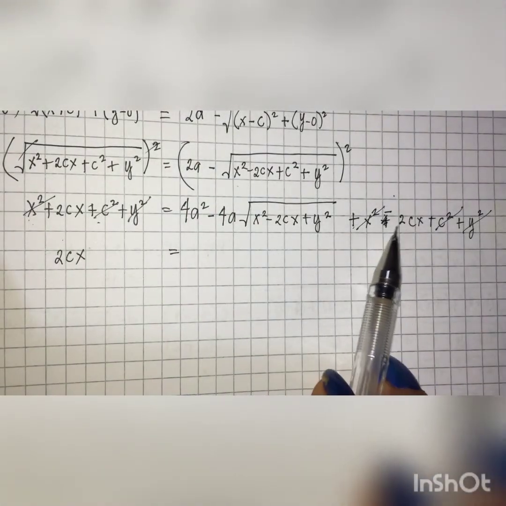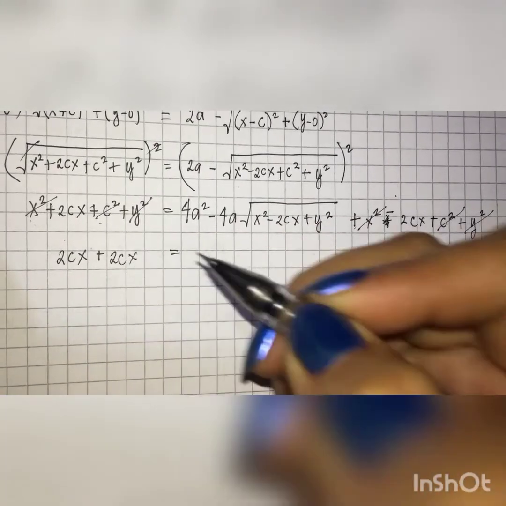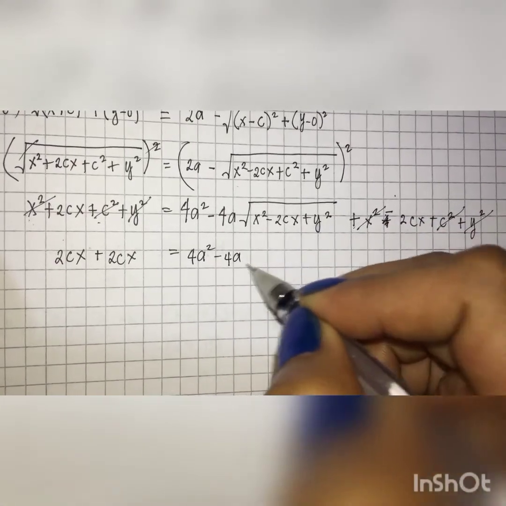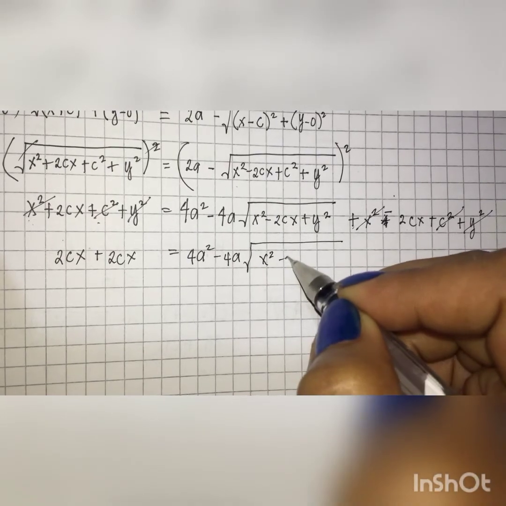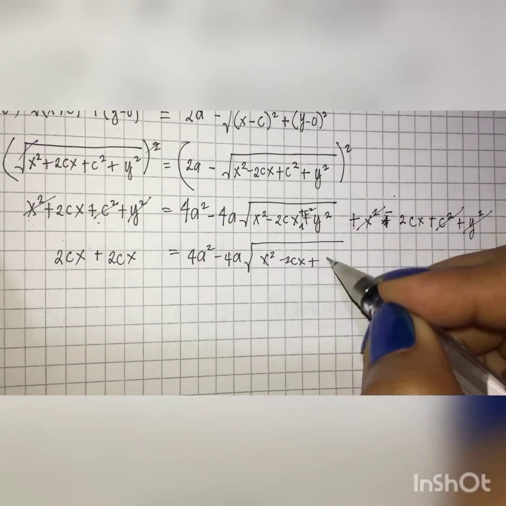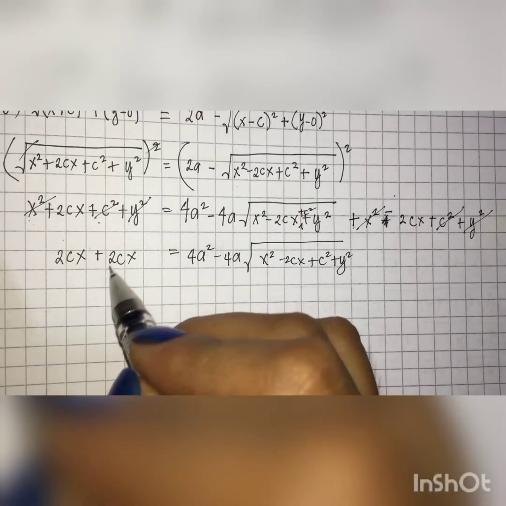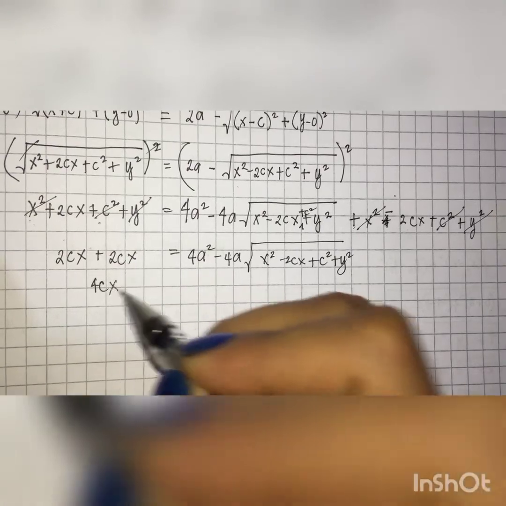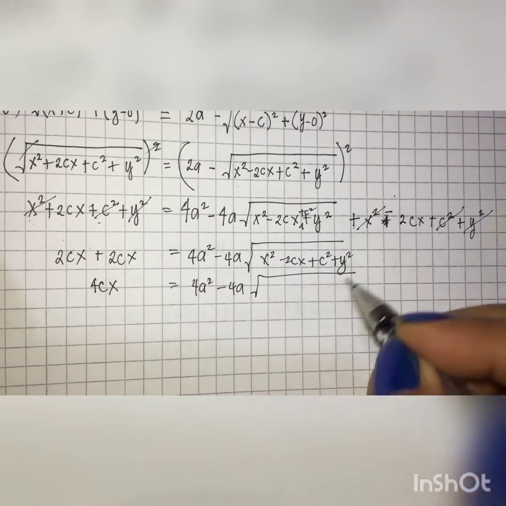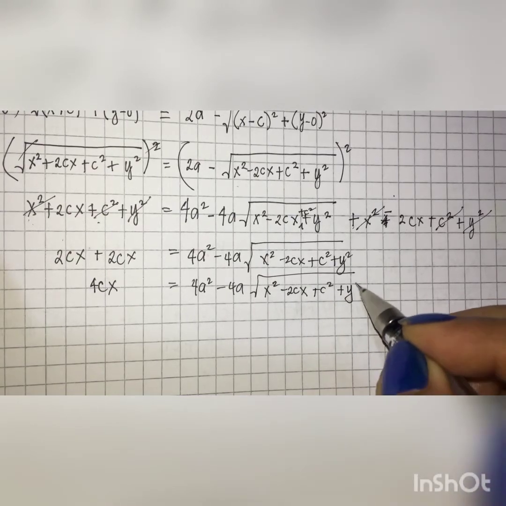We will transpose this negative 2cx here, so this becomes positive 2cx, which is equal to 4a squared minus 4a times the square root of x squared minus 2cx plus c squared plus y squared. Okay, and then 2cx plus 2cx, that is 4cx, which is equal to 4a squared minus 4a times the square root of x squared minus 2cx plus c squared plus y squared.